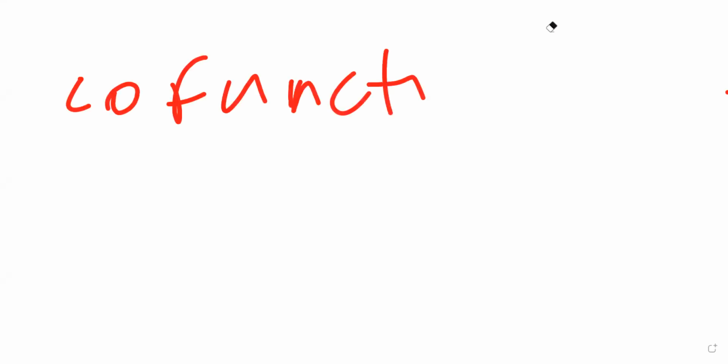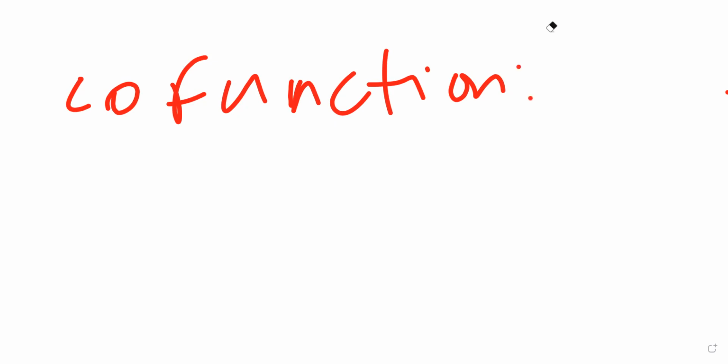All right, so today we want to look at a very important topic in trig, what we call co-functions, like having two functions working together to find a missing angle or missing side of a right triangle. So we call them co-functions.